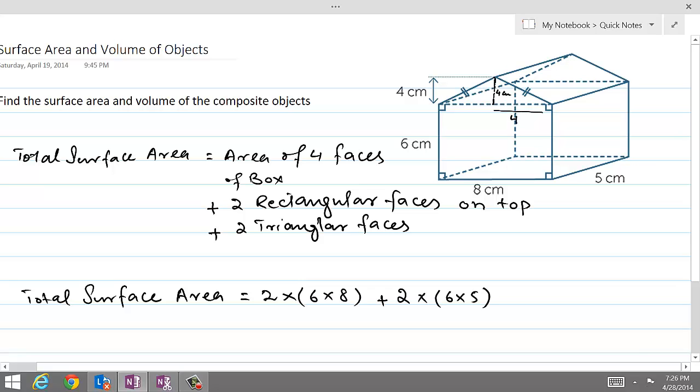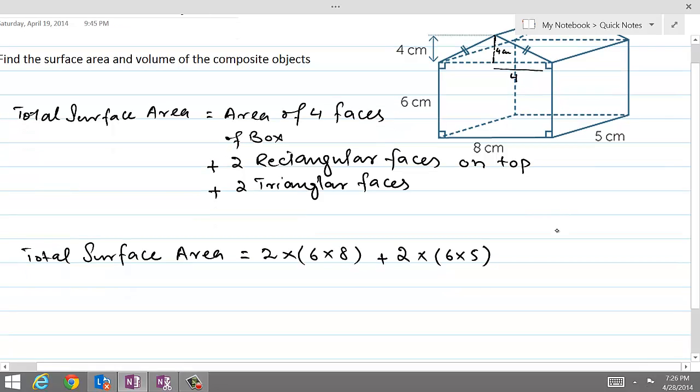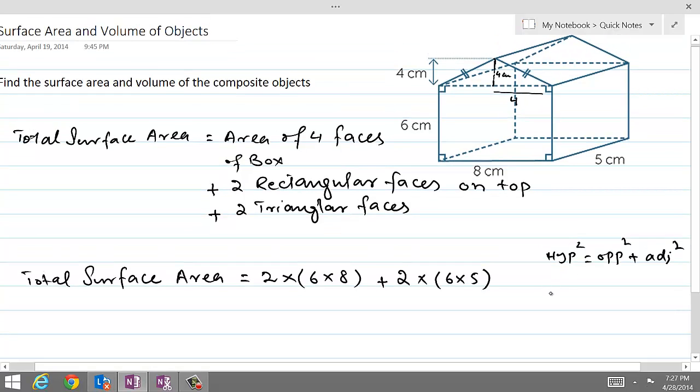If we apply Pythagoras theorem, hypotenuse square is equal to opposite square plus adjacent square, and here hypotenuse is not known, that's what we want to calculate.